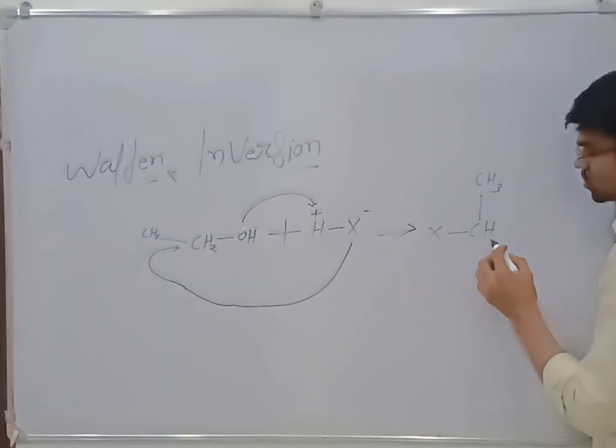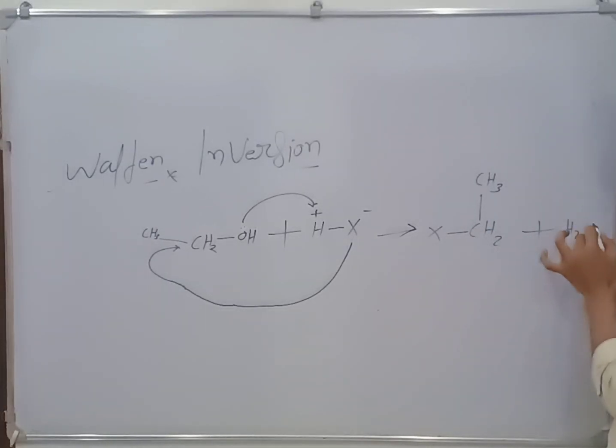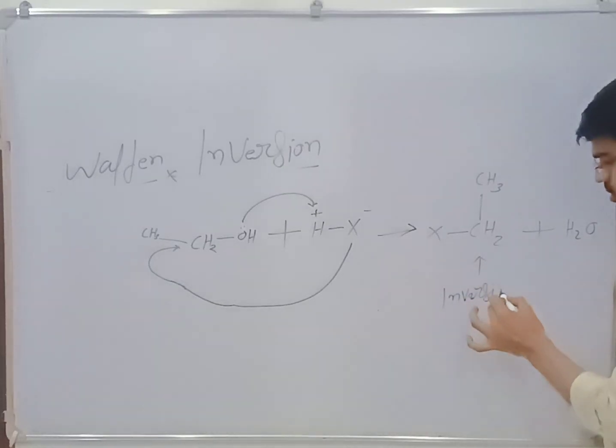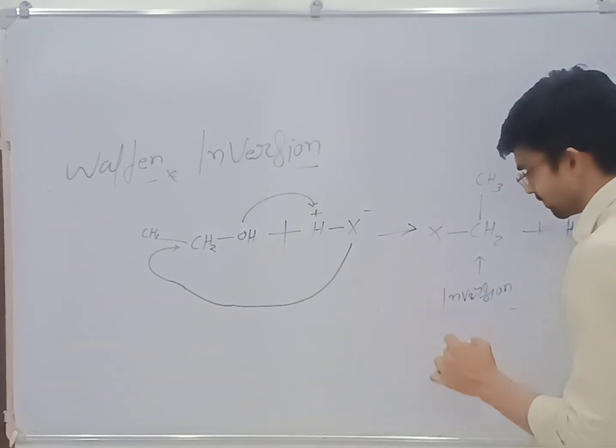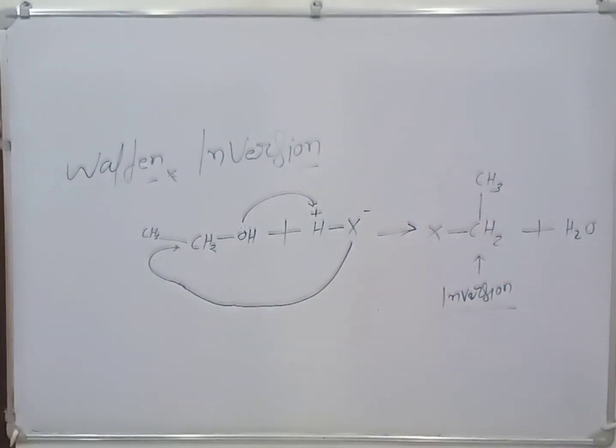OH and H2O will be removed. So this is the inversion product. This is called Walden inversion, because in the SN2 type of mechanism, the nucleophile can attack the carbon compound only from the rear side, and that is why it is able to form an inversion product.